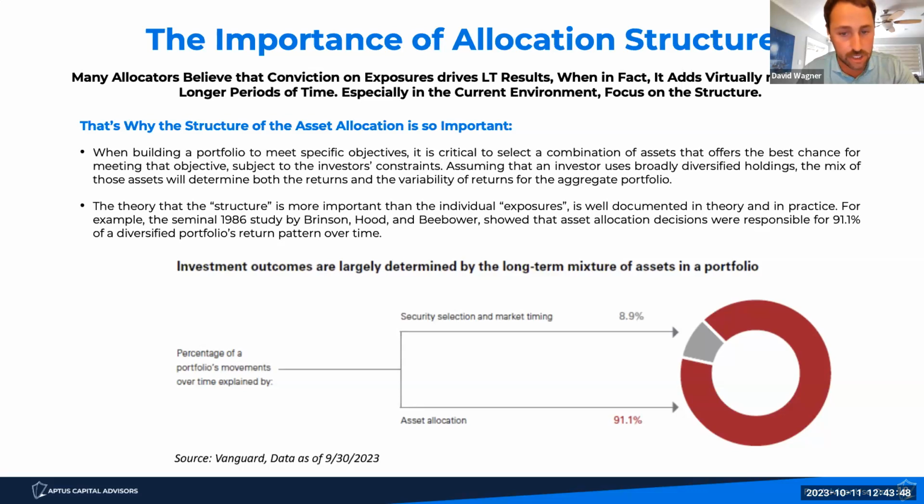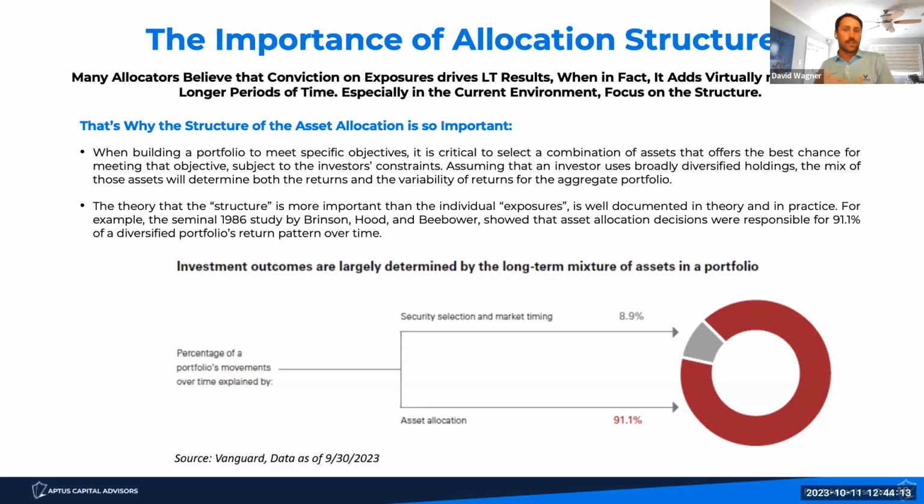So that's saying security selection and market timing, the exposures aspect, only contributes 8.9% to total return over longer periods of time. But the asset allocation, having the right structure in place, actually contributes 91.1% to total return over longer periods of time. Yet everyone spends all their time on the top one, security selection and funds. All right, but not the bottom one.